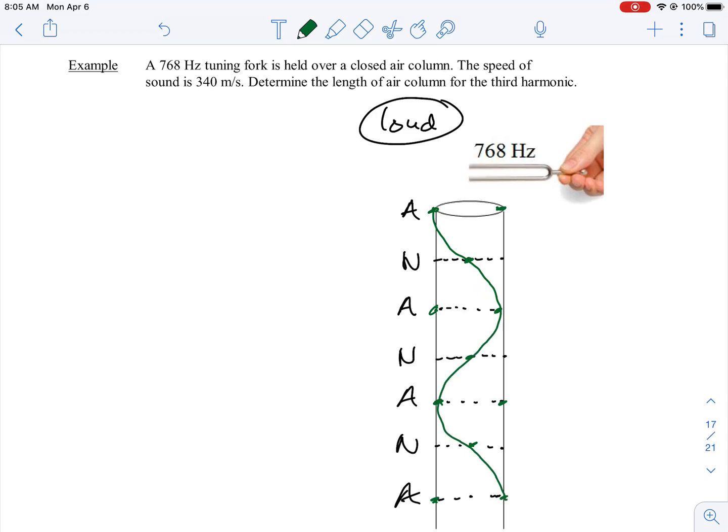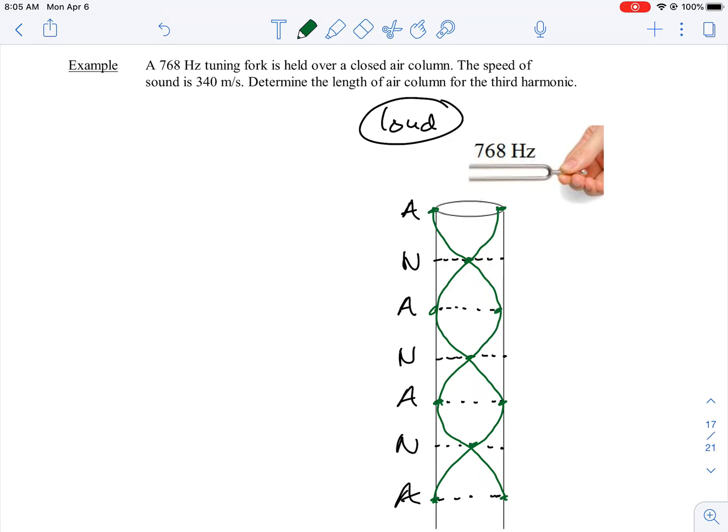Steady. Okay, and then we'll do the same thing on the other side. All right, so this would represent what the standing wave would look like if it is loud. This only happens when you hear a very loud sound.